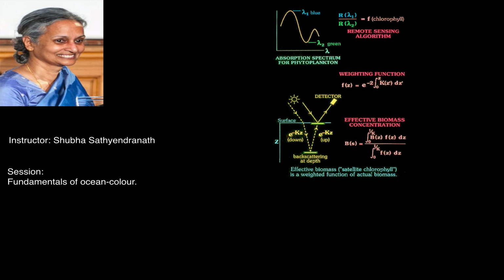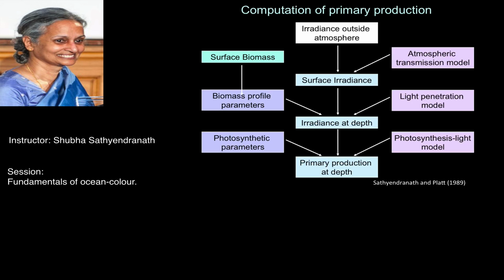Okay. So the satellite is only seeing the surface, and you are interested in water column production, and you know that there is a deep chlorophyll maximum that the satellite is not seeing, then we have no way around it but to use whatever auxiliary information we have to supply that information to complete what the satellite may be able to tell you. So the protocol for computing primary production from satellites, or for that matter by any other means, might look something like this.